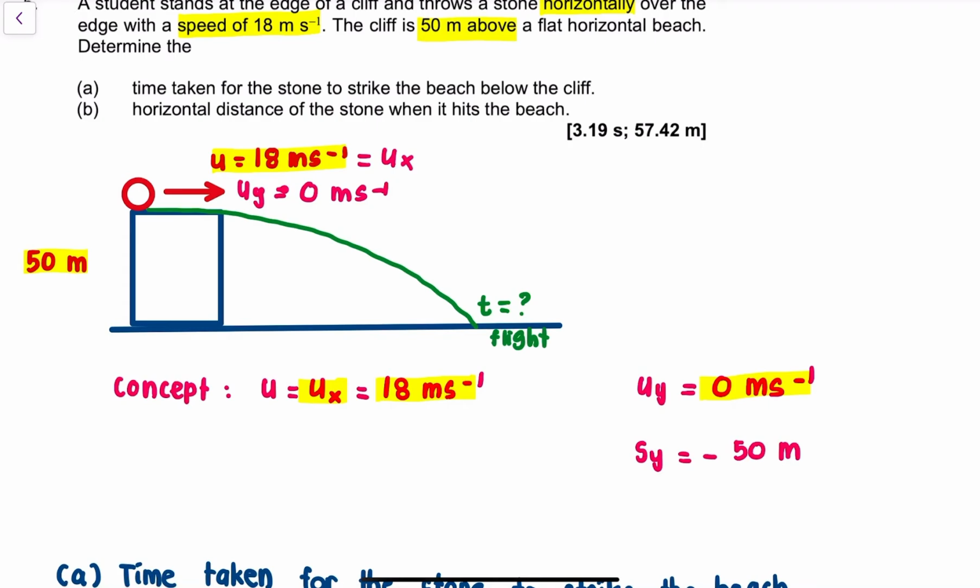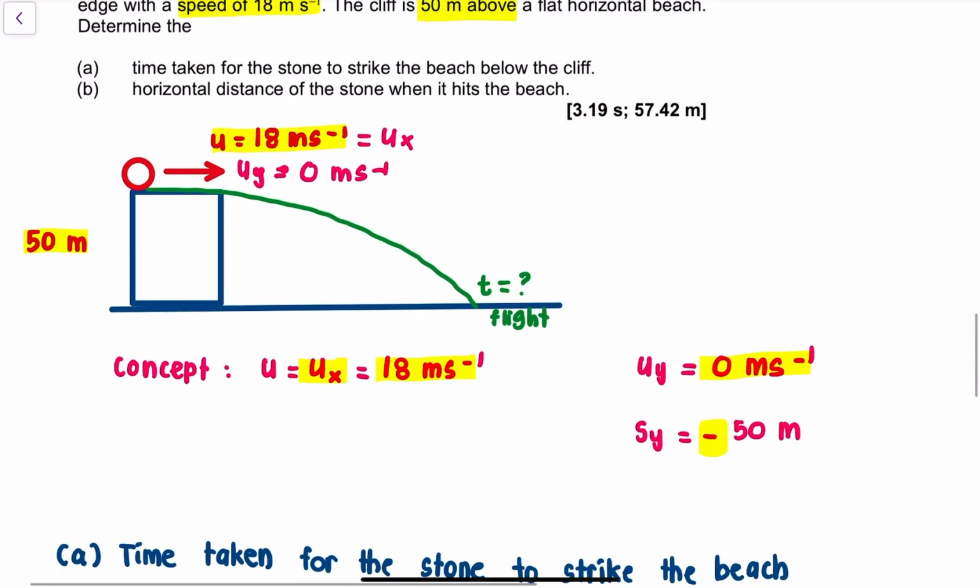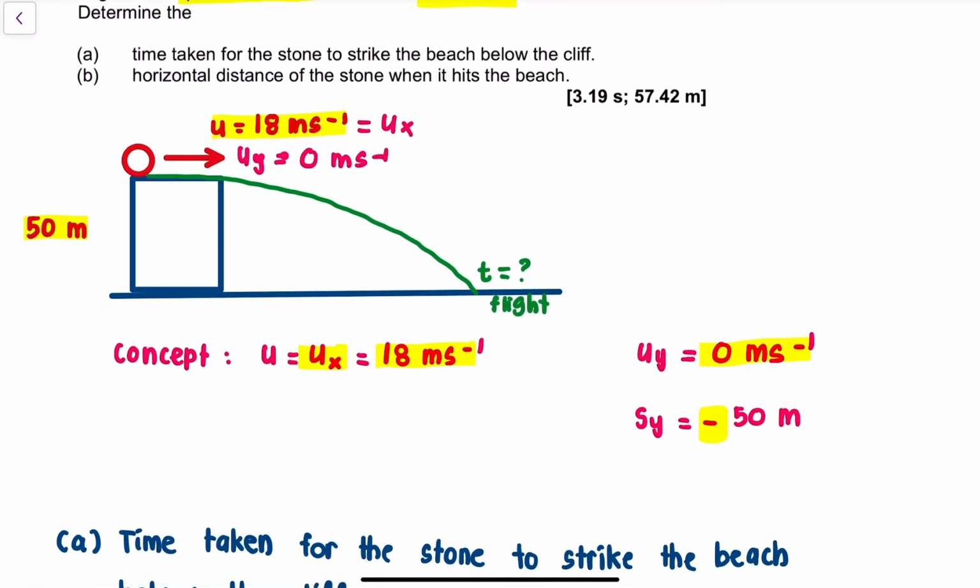So sy is a vertical displacement. This is negative. Why negative? Because displacement is the shortest distance from the initial point straight to the final point. Your final point should be on the ground, so from the starting to the ending, this should be negative 50 meter.